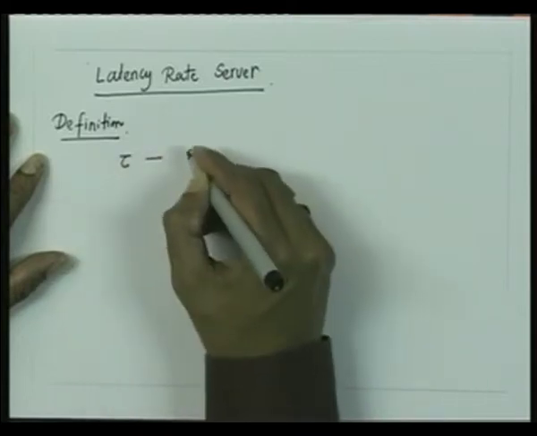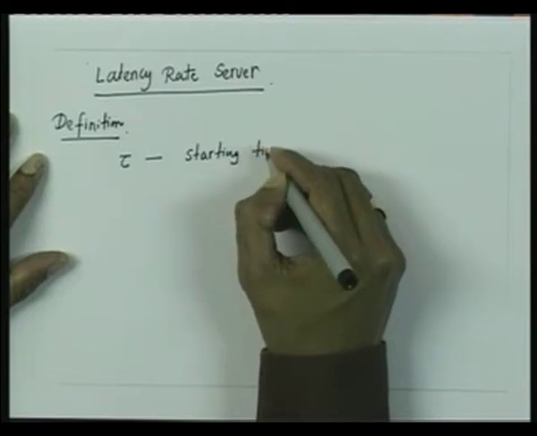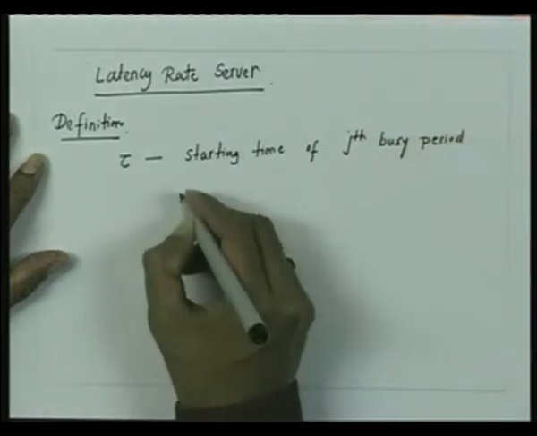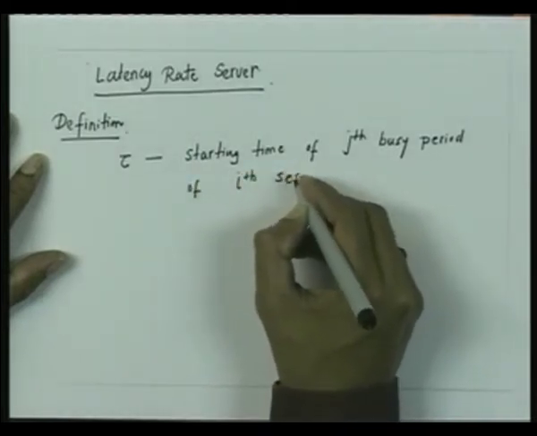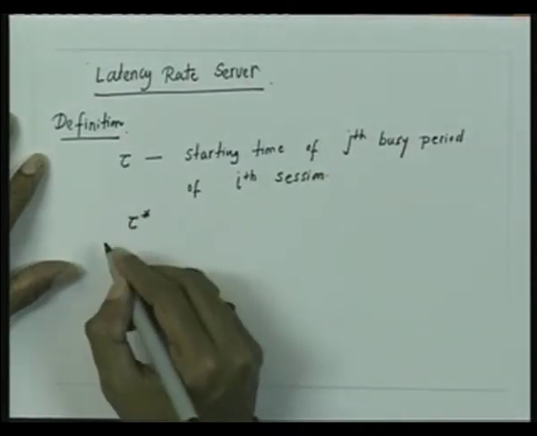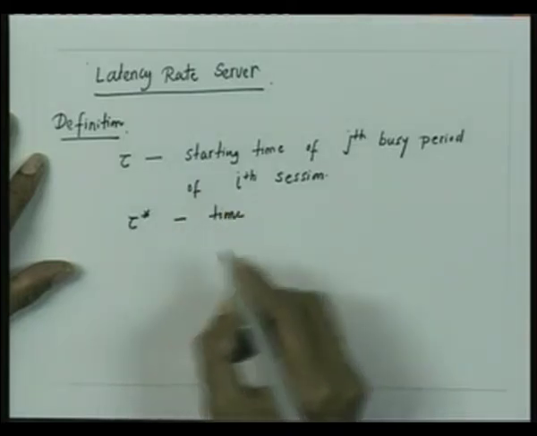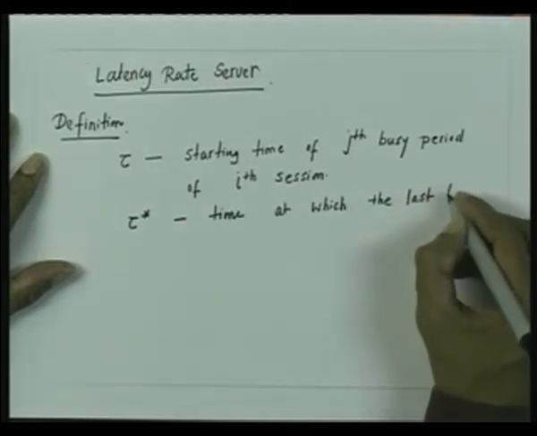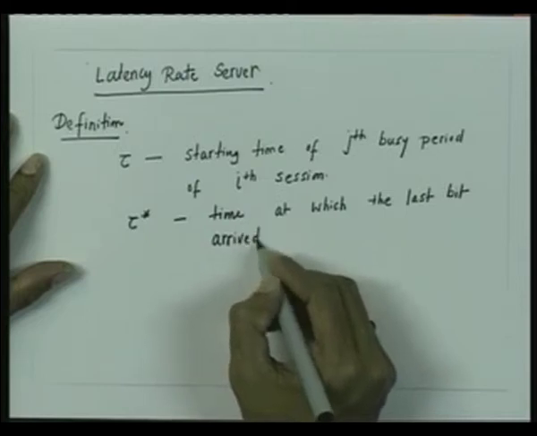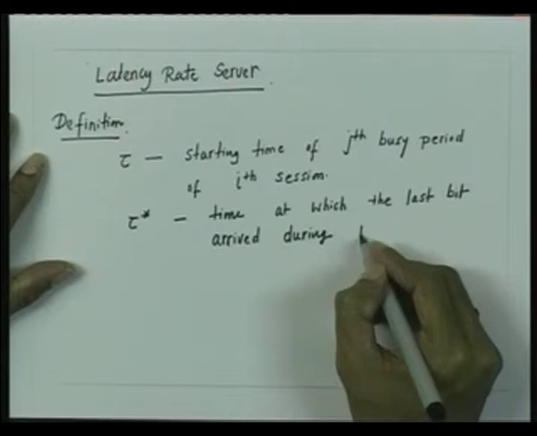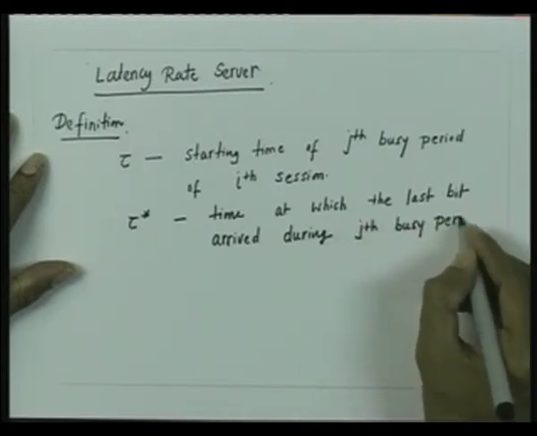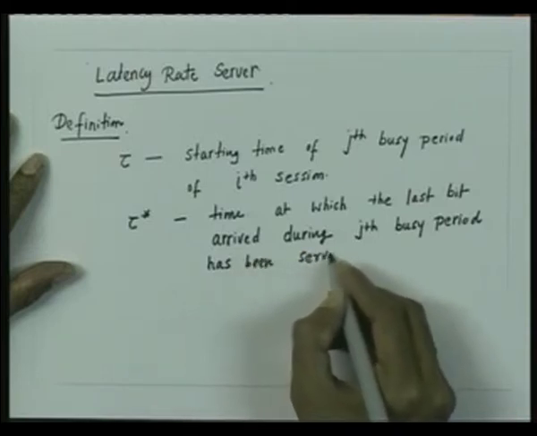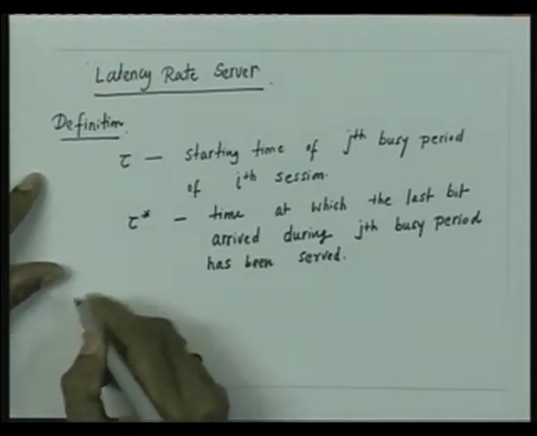Let tau be the starting time, or the beginning, of the jth busy period of the ith session, and let tau star be the time at which the last bit that arrived during this jth busy period has been served. Then we define a latency rate server as follows.